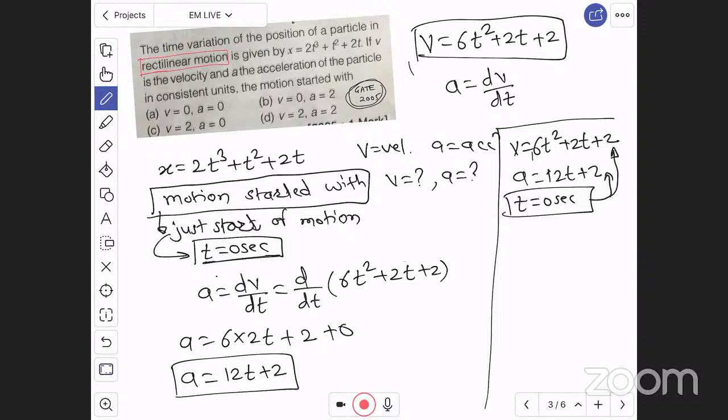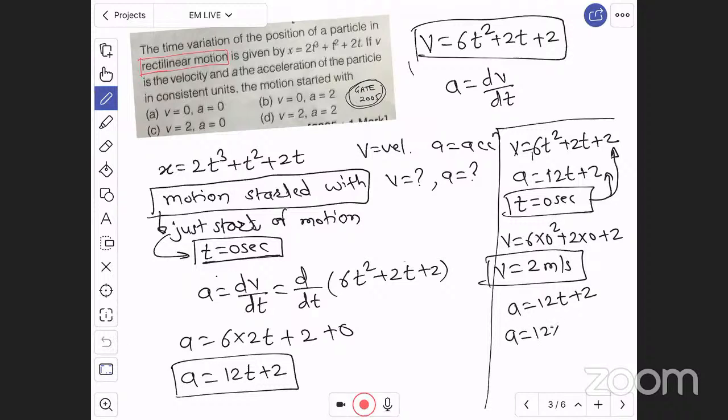Velocity will become 6 into 0 square plus 2 into 0 plus 2, which is nothing but velocity is equal to 2 meter per second. The unit of velocity is meter per second. Now acceleration is equal to 12t plus 2, put t equal to 0, therefore a is equal to 12 into 0 plus 2, which is nothing but acceleration is equal to 2 meter per second square. The unit of acceleration is meter per second square. Therefore motion started with velocity equal to 2 meter per second and acceleration equal to 2 meter per second square.